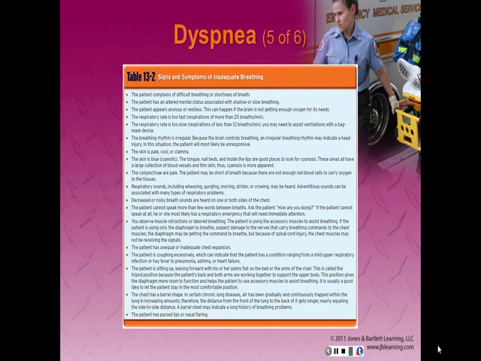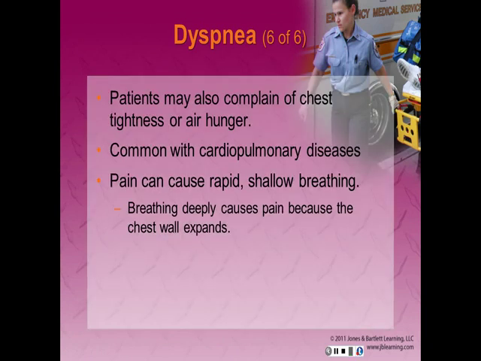Here is Table 13.2 in a synopsis. It has a list of signs and symptoms of inadequate breathing, and you should be familiar with these. Besides shortness of breath, a patient with dyspnea may also report chest tightness or air hunger. Dyspnea is a common complaint in patients who have cardiopulmonary disease.